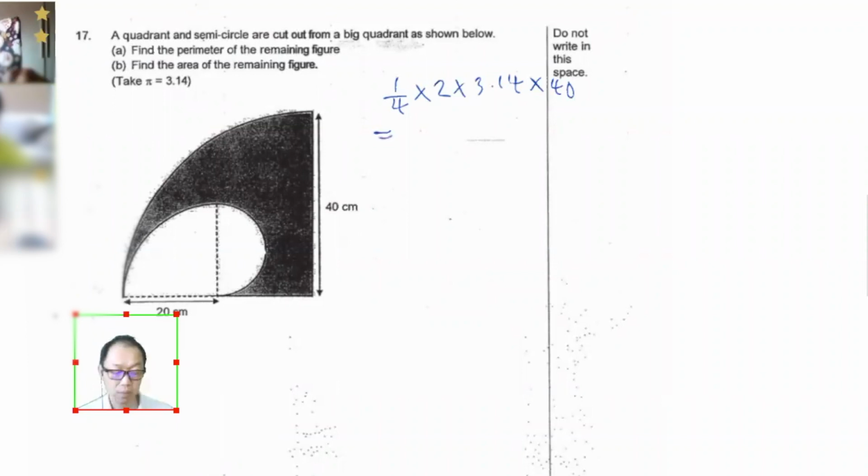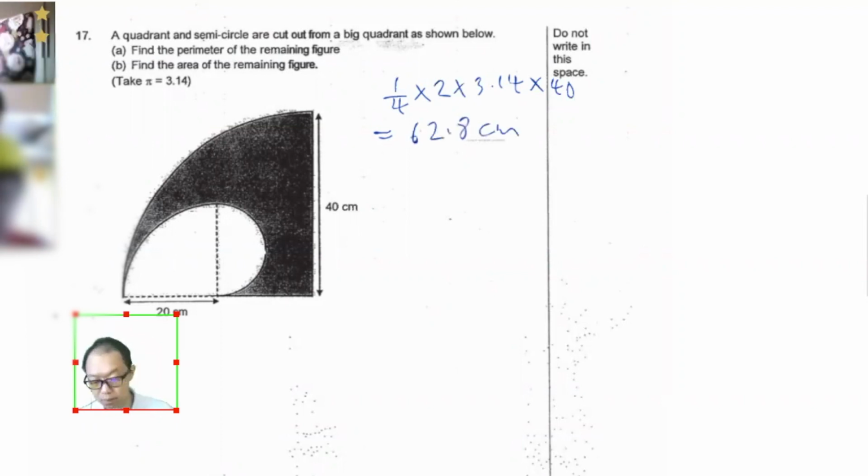Okay, so we times 2 times 3.14. 62.8. And let's label it. So 62.8. Yep. Okay, so that curve is 62.8. Next. 20. Okay, so here is 20 as well. Can label this.